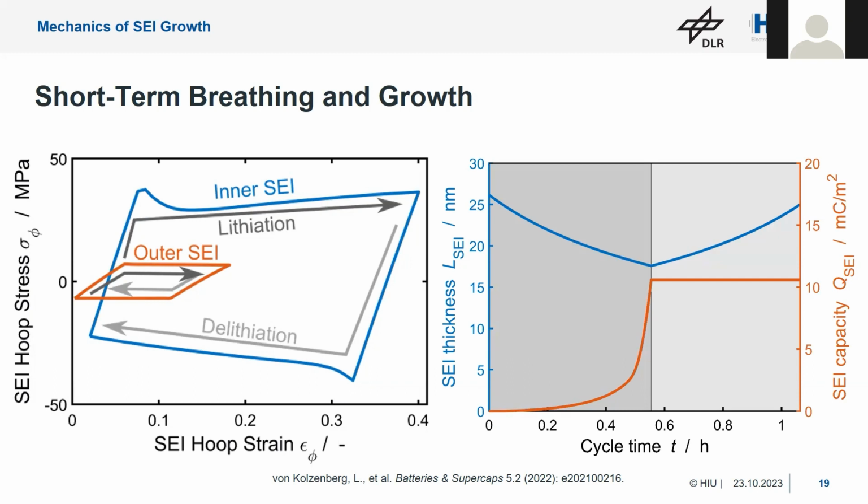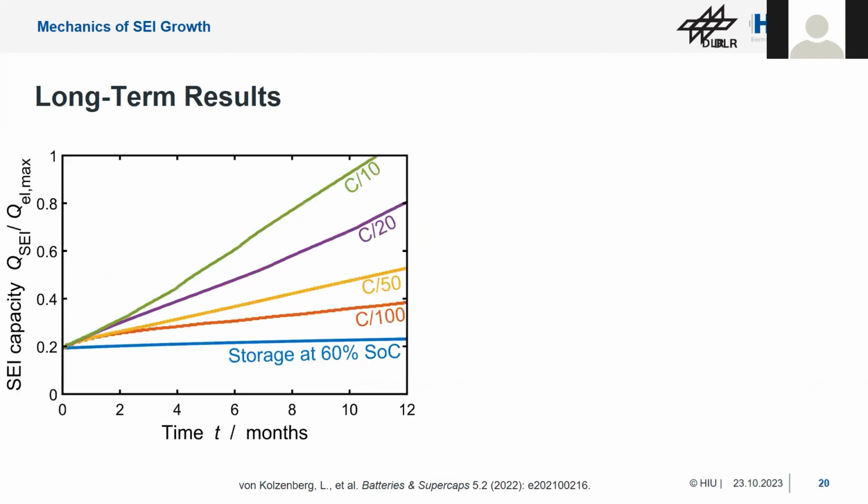And then we can understand what this means on average during cycling. We see here during charge, the SEI growing, then during discharge, SEI being constant. And we see how the SEI thickness goes down during charge and then goes up again during discharge.